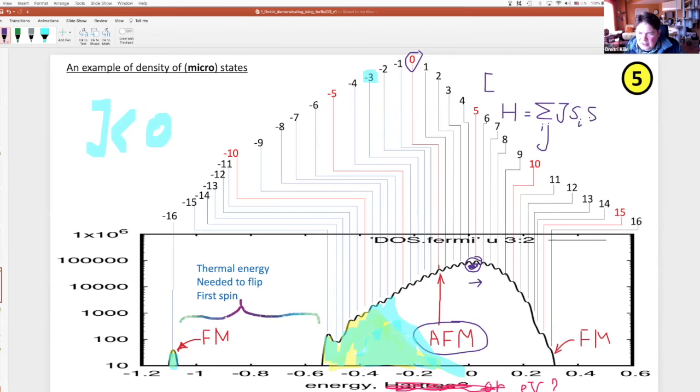So if we have sites I and J, and we have spins up and down in this variable S, then the energy is composed of the spin-spin interaction and the interaction with the magnetic field, Zeeman splitting.